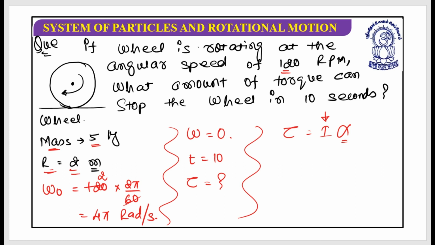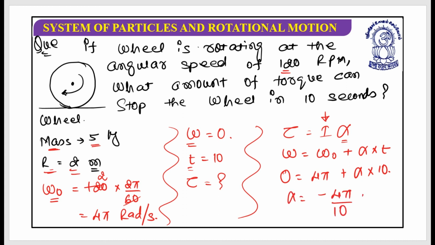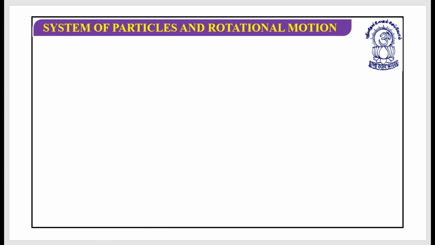Omega naught is given, omega is given, t is given, and alpha is required, so I can use omega equals omega naught plus alpha into t. As omega is 0 and omega naught is 4 pi, this would be a retarding acceleration, and t equals 10 seconds. So alpha equals minus 4 pi divided by 10 radian per second square. Is it clear? So now I have alpha too. The last thing that I want is the torque, which equals I into alpha.